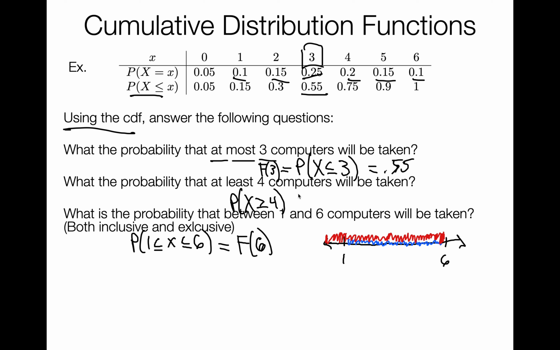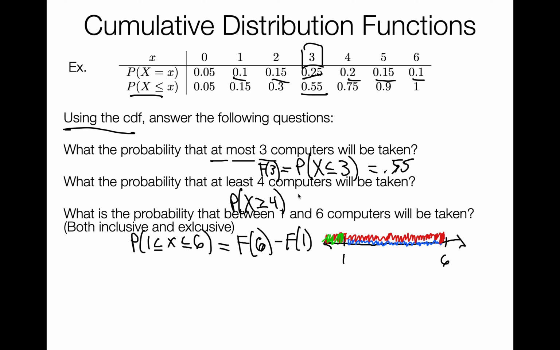And so by calculating the CDF at 6, I've gotten most of what I want, but I've actually gotten some more. There's some extra there, so I need to subtract some away. What I need to subtract is F of 1, because F of 1 encapsulates all of that extra part.